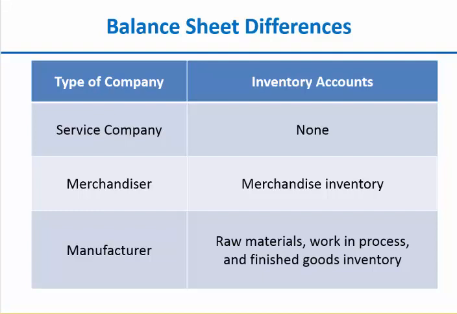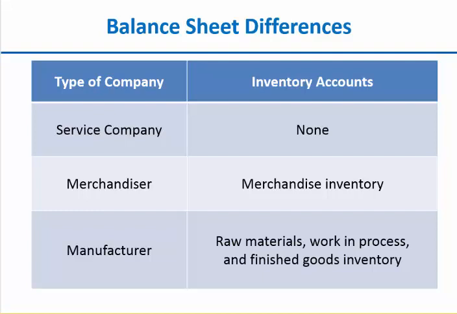The second financial statement here is the balance sheet. The balance sheet records all the assets, liabilities, and shareholder equity accounts. If you look at the inventory accounts involved here, for the service company we typically don't have any inventory accounts, though you may find exceptions.